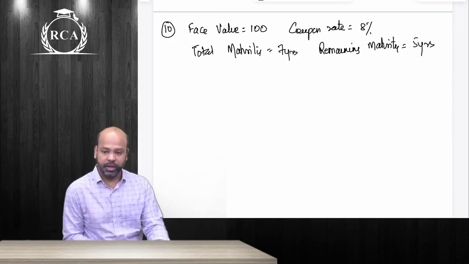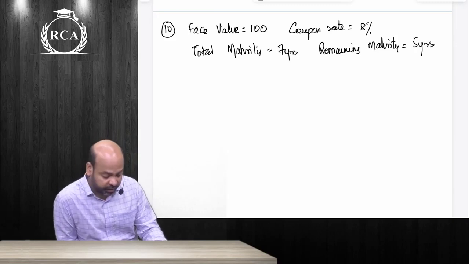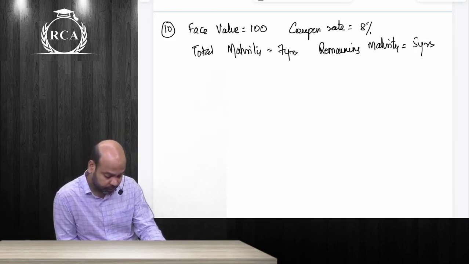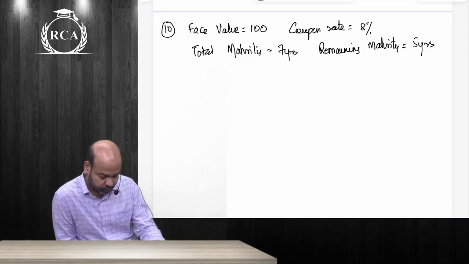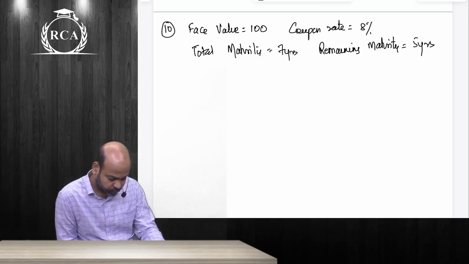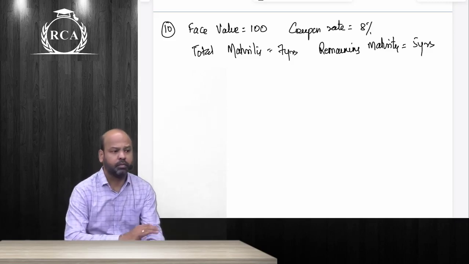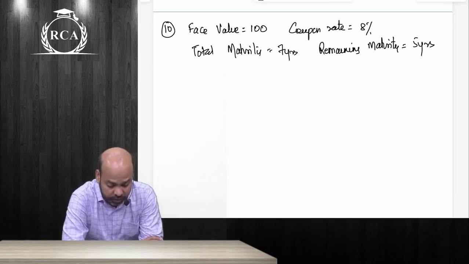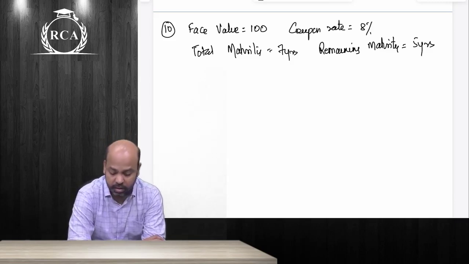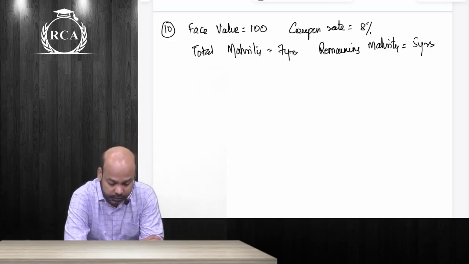Your coupon rate is 8%, total maturity 7 years, remaining maturity 5 years. You will have to use these details to arrive at the value of the bond.